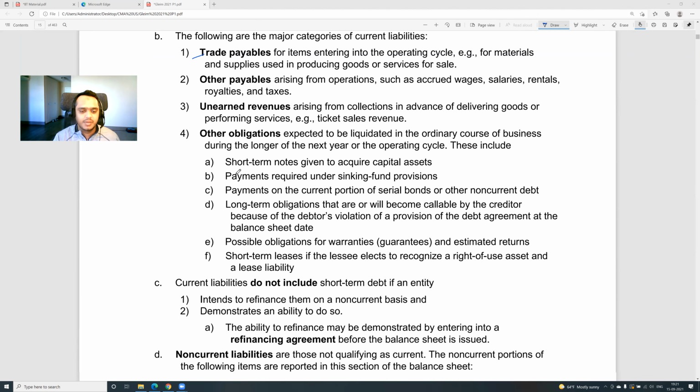And other obligations: short-term notes given to acquire capital assets, payments required under sinking fund provisions. Now, let's just talk about it. Short-term notes given to acquire capital assets, you need to make a payment for it on a faster basis. Payments required under sinking fund provision. Sinking fund is nothing but if you have some loan repayable or something like that.